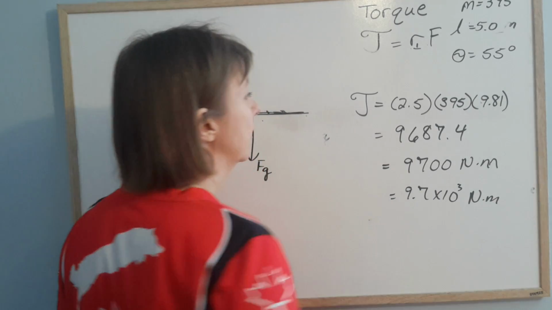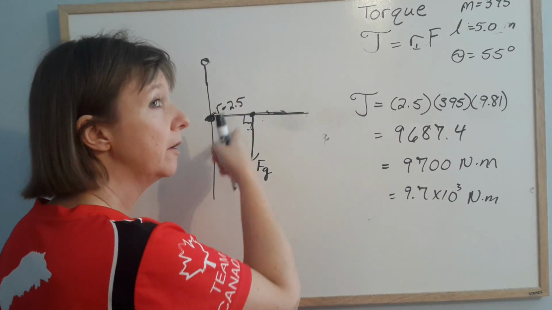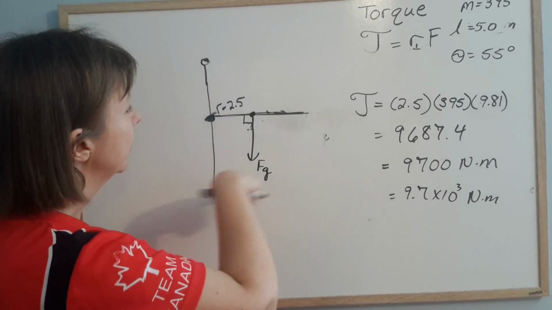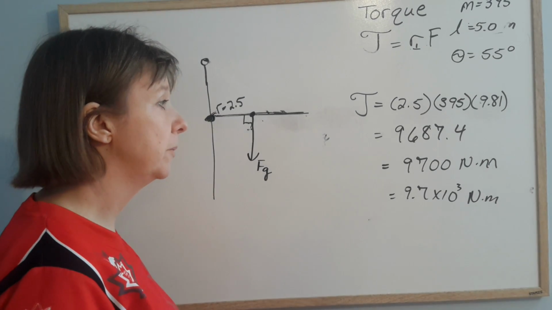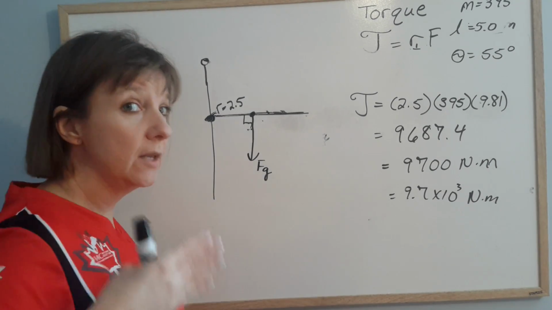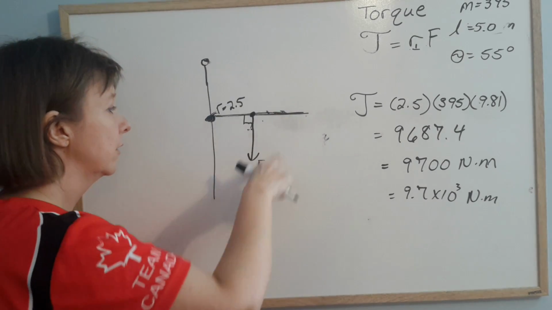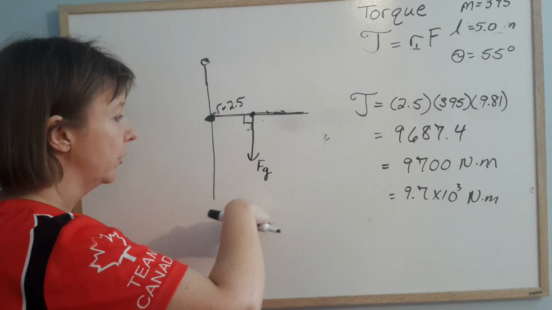We already discussed that if it's going to spin counterclockwise, then that means torque should be positive. If it's going to spin clockwise, then my torque should be negative. And just thinking about it, if there's no cable holding it up and this thing starts to move, gravity is going to start pulling it this way.